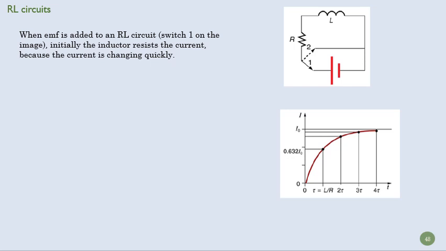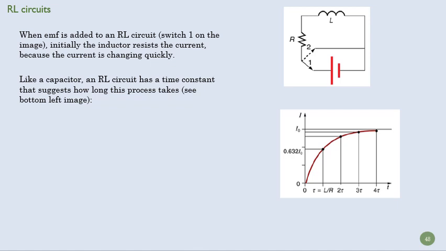Like a capacitor, this RL circuit has a time constant, so it's going to initially stop the current from happening, but then it's going to slowly allow that current to build up to what you would normally think of if that inductor wasn't there.